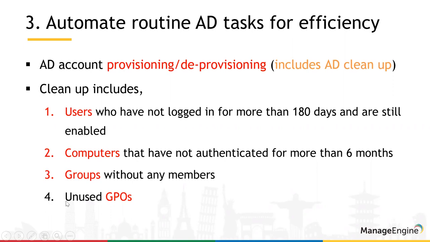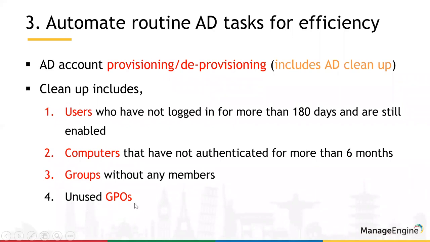Number 4, unused GPOs. I have seen infrastructures as big as 650 domain controllers, 700 domain controllers, and they have, let's say, 150 GPOs or 200 GPOs. So if you have too many GPOs, be it 10 or 15 or 200, it doesn't matter.